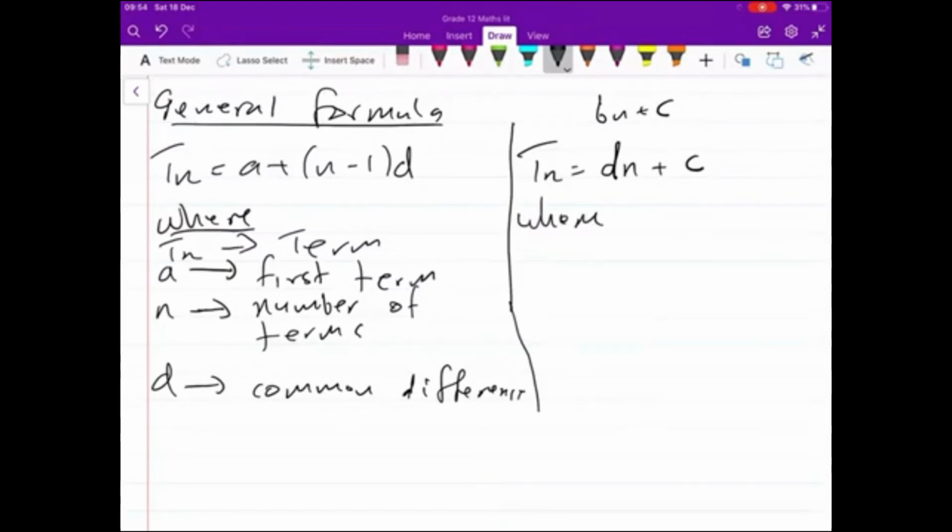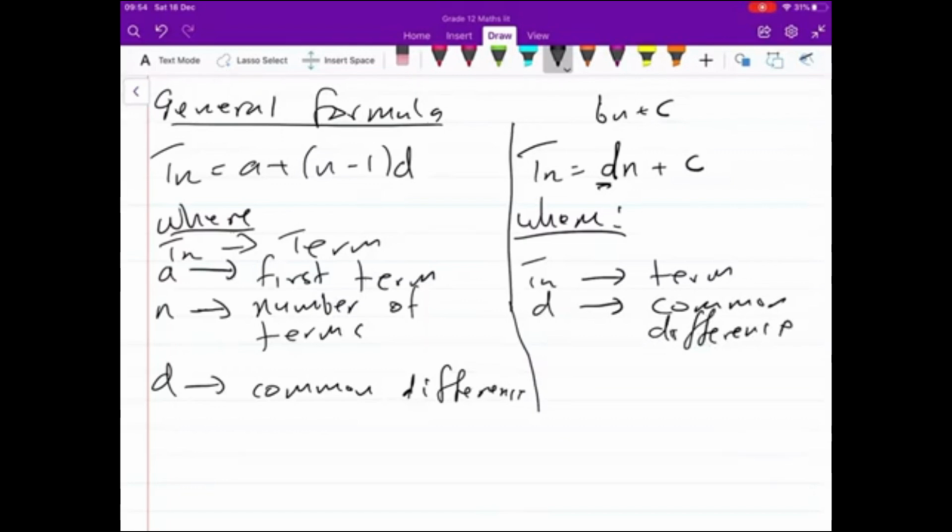Again, here we know that Tn is our term, d is our common difference. That's why I prefer writing it this way, so that you remember that d is your common difference. And n, of course, is your number of terms in a given sequence, and c here is your constant.